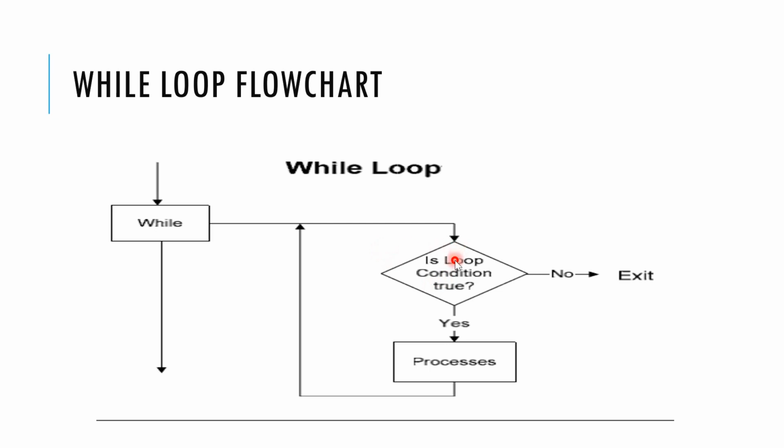Of course, x is not less than 10 even in the first place, so it will directly exit the while loop, and this block of code will not be executed even once, so it will be executed 0 times.